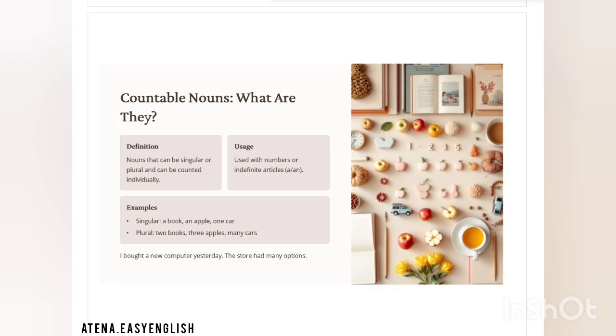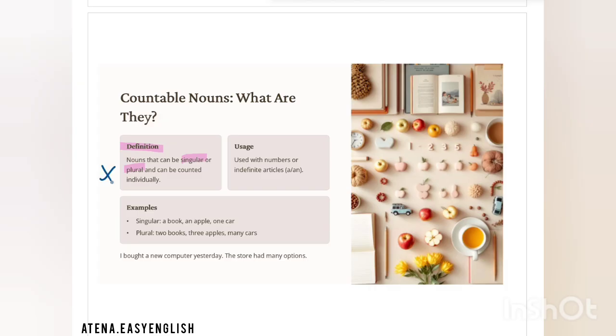First, let us start with countable nouns. What are they? Here is the definition. Countable nouns are nouns that can be singular or plural and can be counted individually.